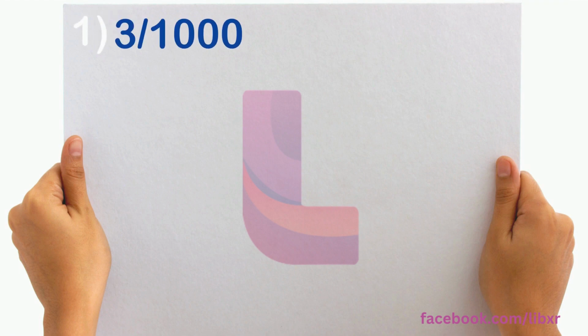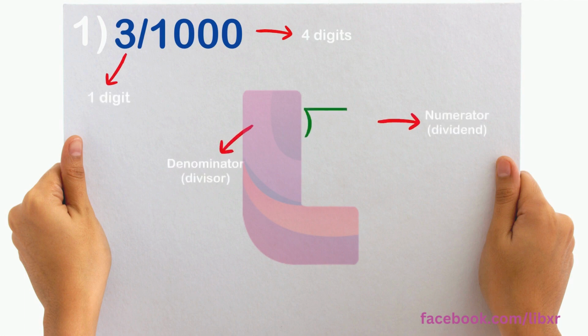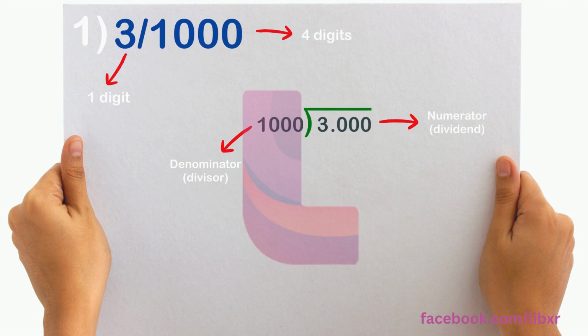Now 3 by 1000. The denominator 1000 has 4 digits while numerator 3 has 1 digit. So we add 3 zeros in front of 3 on the left to make it a 4-digit number like 1000. So now we have 0003 instead of 3. Now count the number of zeros in 1000.